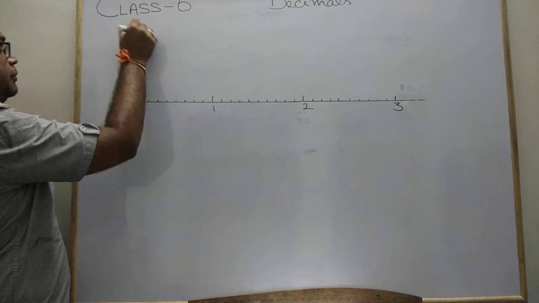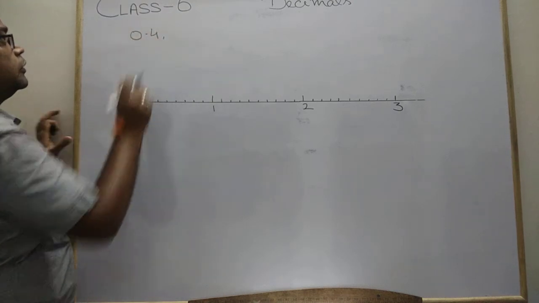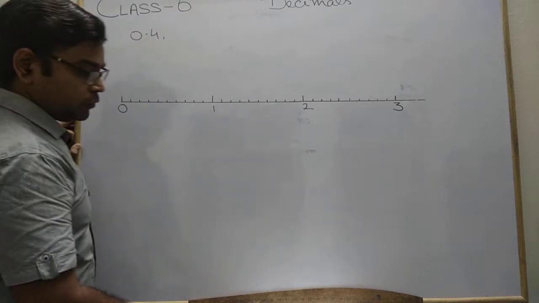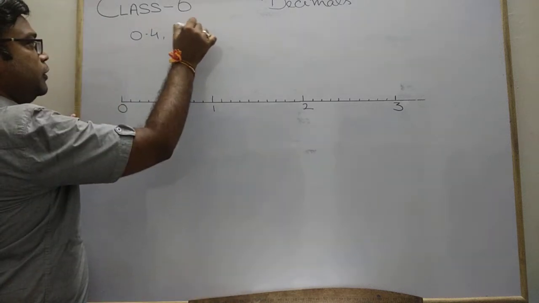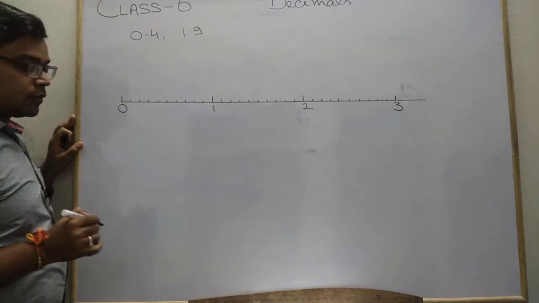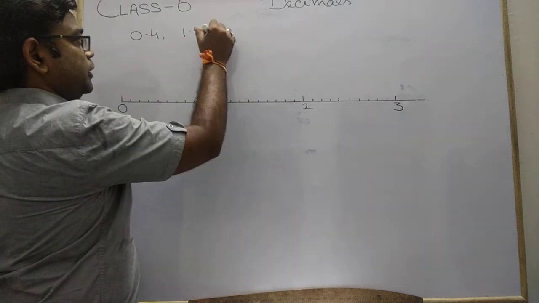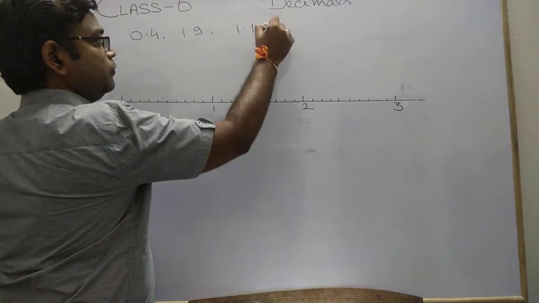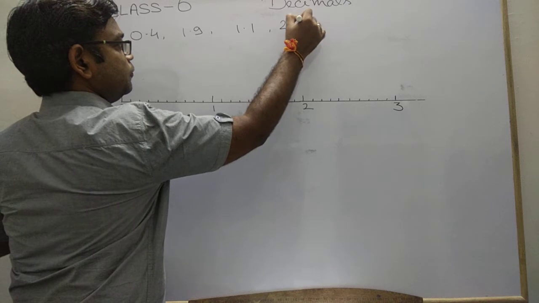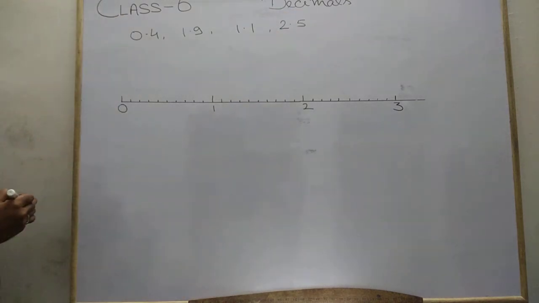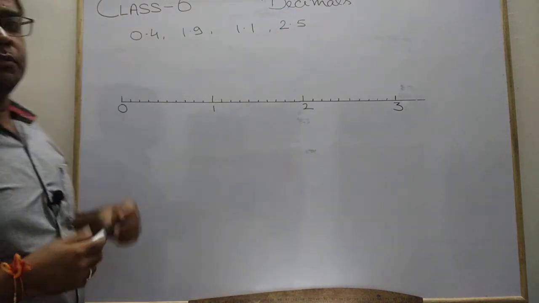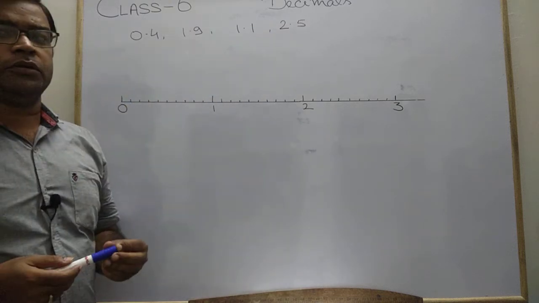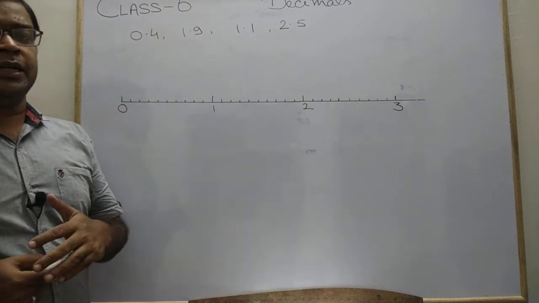The decimal numbers are 0.4, then 1.9, then 1.1, then 2.5. So these are your numbers. I'm going to discuss all four numbers on the number line so that you can easily understand.